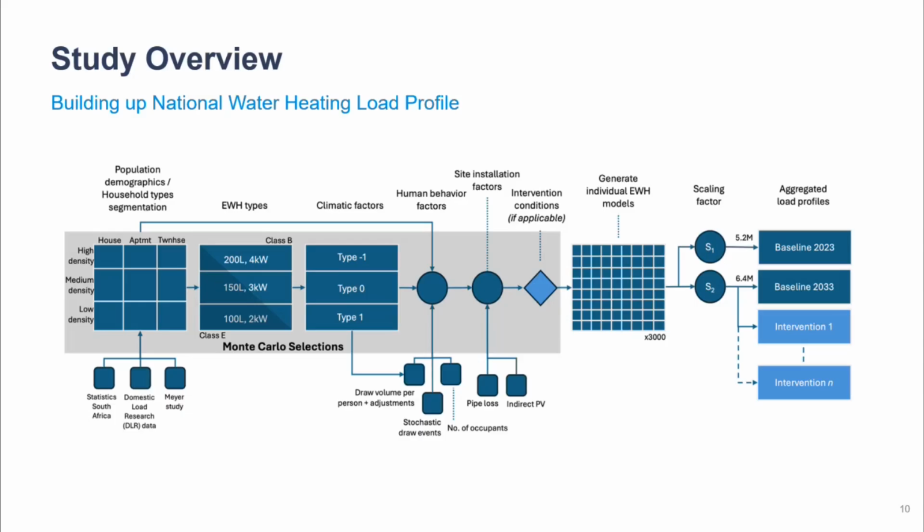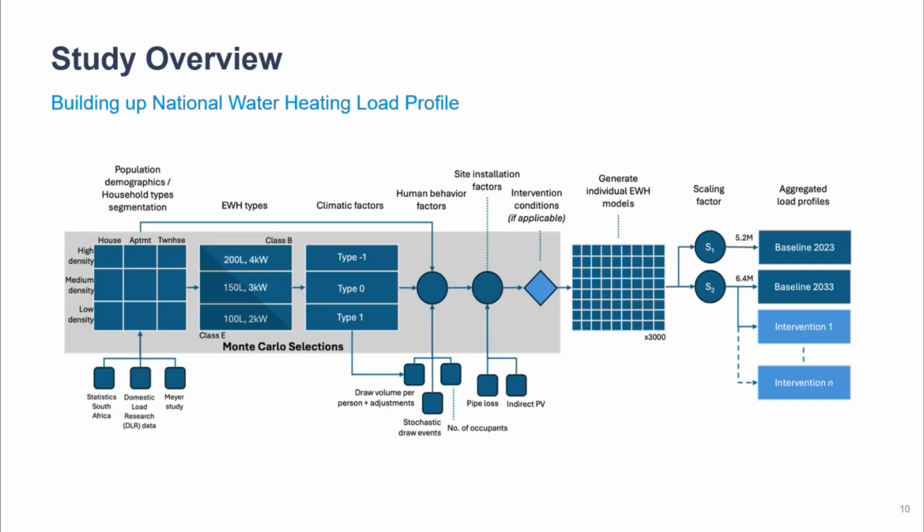We looked at 3 general climatic regions throughout the country, which I won't go into in too much detail. Importantly, we looked at the human behavior factors. As I showed you, as water is used from the tank, energy is drawn from the grid. So we looked at the stochastic draw events, once again a probabilistic approach.